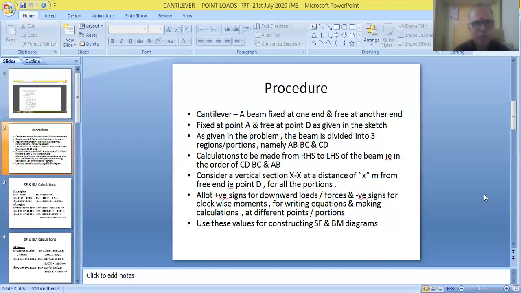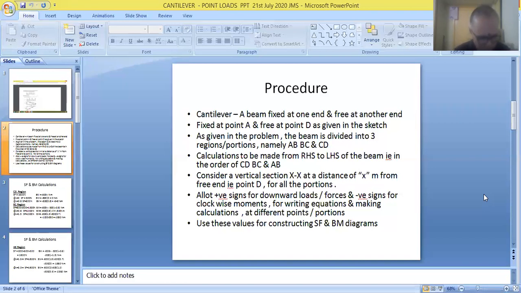Sometimes you may have to divide the beam into only two portions, sometimes into four portions. It depends upon the data and number of loads given in the problem.